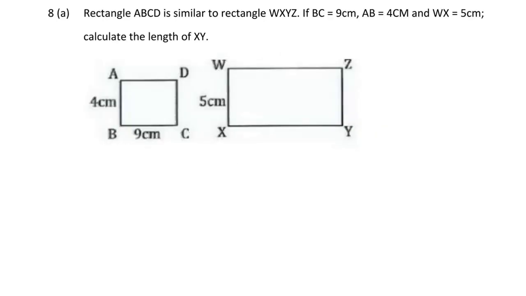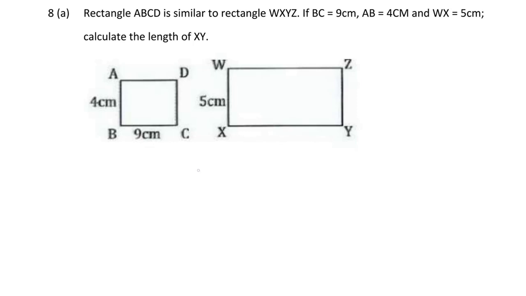Question number 8, part A. Rectangle ABCD is similar to rectangle WXYZ. If BC equals 9 centimeters, AB equals 4 centimeters, and WX equals 5 centimeters, calculate the length XY. For this one, we have to remember that for similar figures, the ratio of the corresponding sides must be constant.